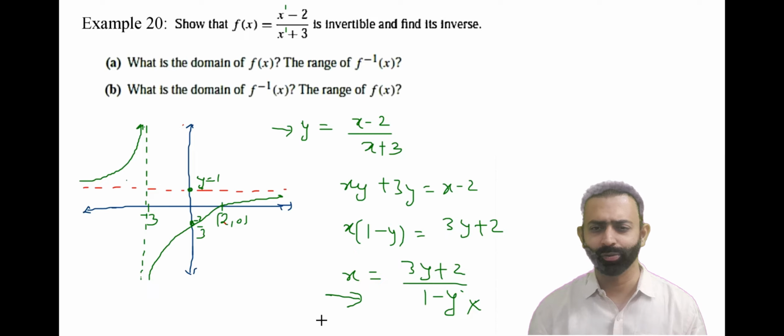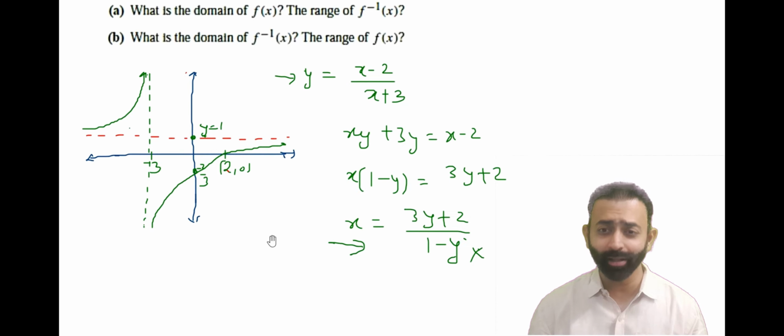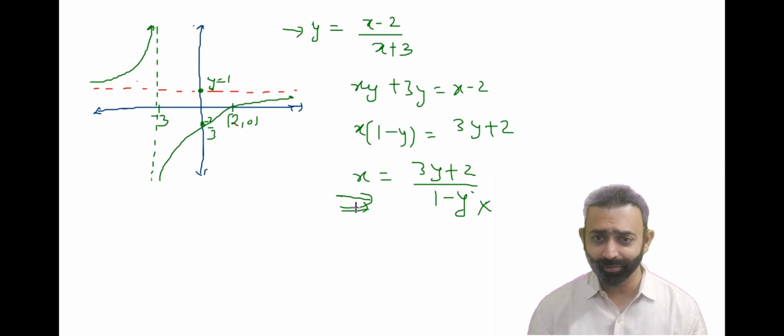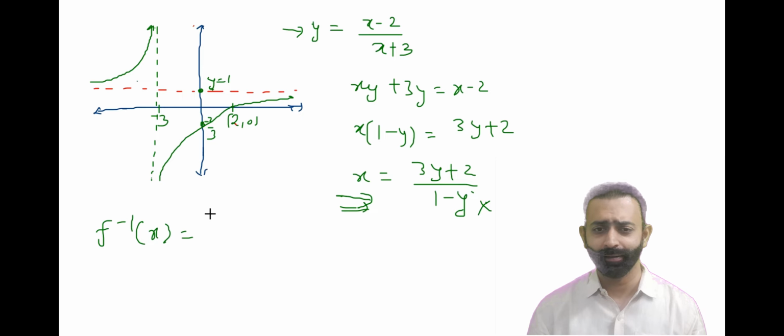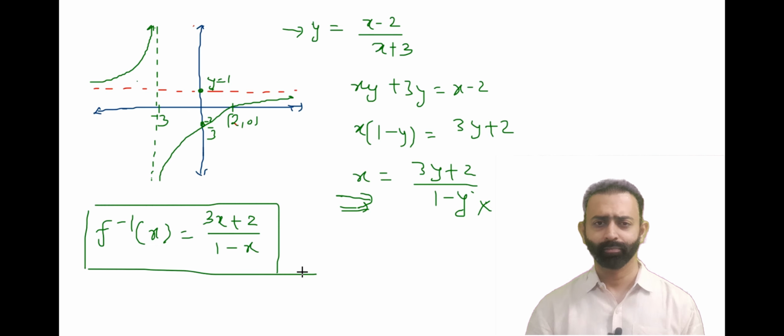Hence, we can say that yes, the function is invertible, and we have the expression also. So f inverse x, replacing x with y, is 3x plus 2 over 1 minus x. Okay, this is the inverse function.